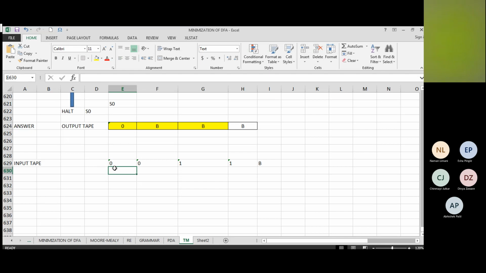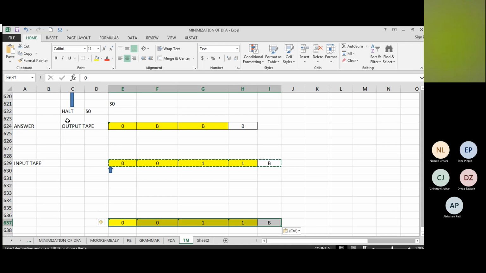As always, you start with this leftmost symbol and S0. We will have visual representation of output also, which we consider this to be blank currently. We start processing this leftmost 0 in initial state S0.